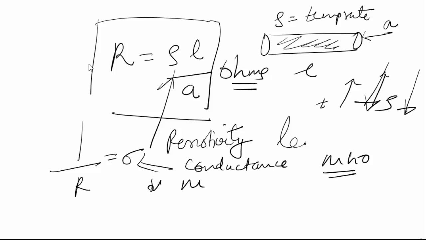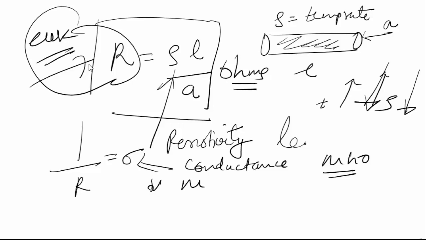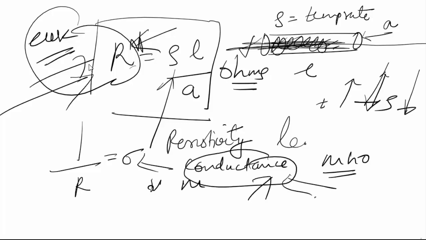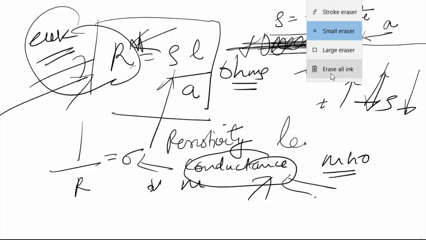Resistance is the opposition which the electrons face while flowing from one point to the other in the conductor, while conductance is the ease with which the electrons can flow. That's how you define the resistance and conductance of a circuit.